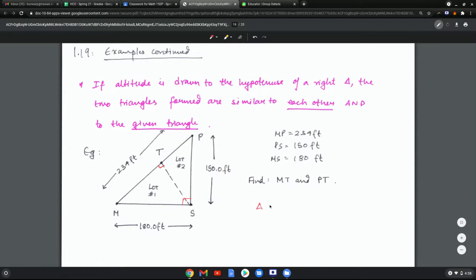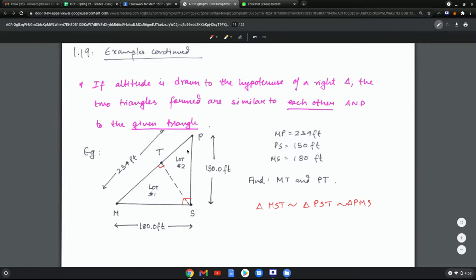In fact, triangle MST is similar to triangle PST, which is similar to triangle PMS. So when you drop the altitude, you have two triangles that are similar, and they are also similar to the bigger triangle.